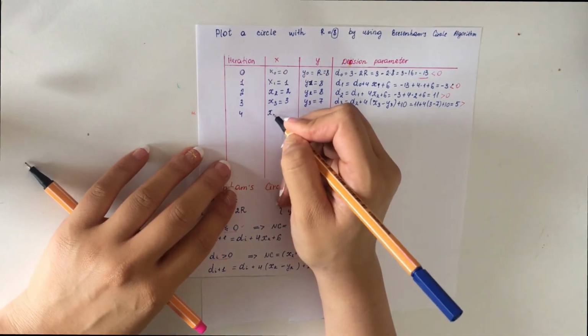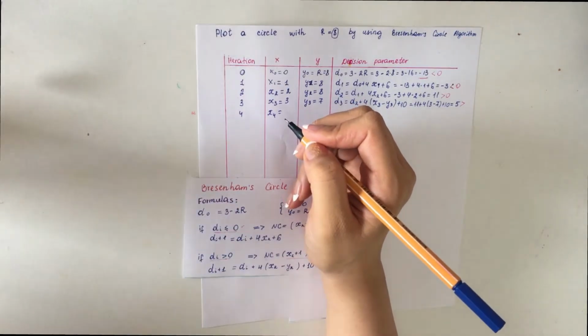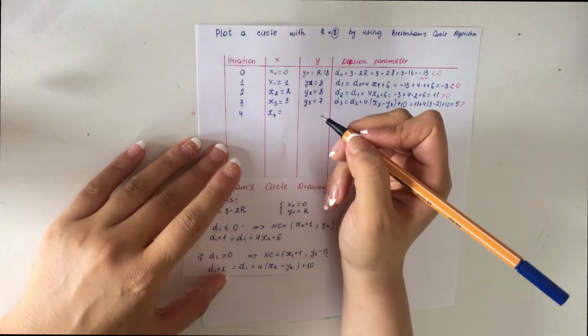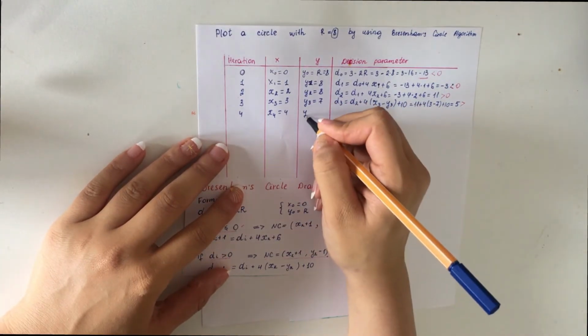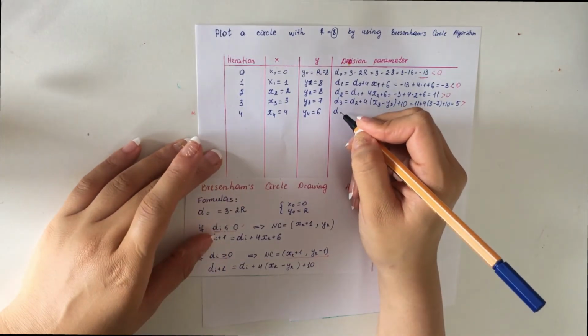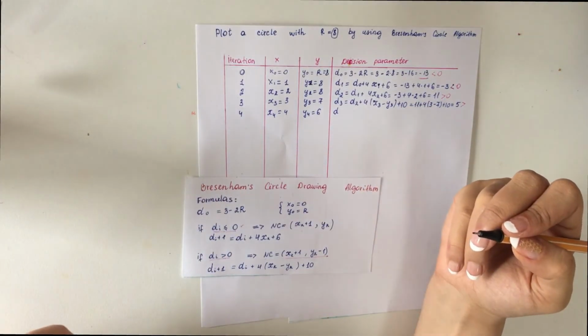Here again, the value of the decision parameter is more than 0. So the next coordinate of x will increase by 1 again, and the y coordinate will decrease by 1. x4 equals 4, y4 equals 6.